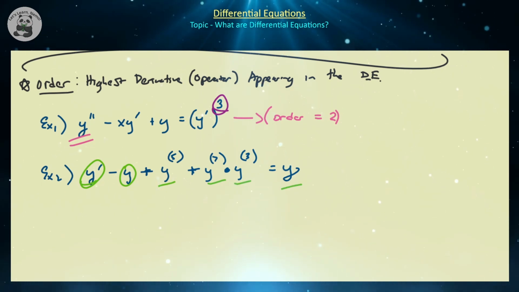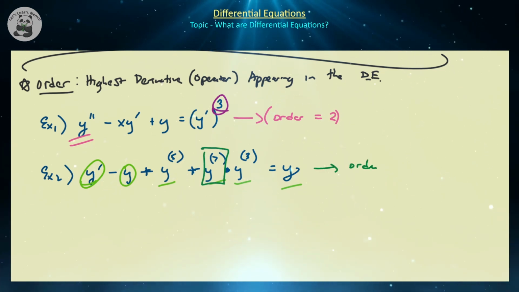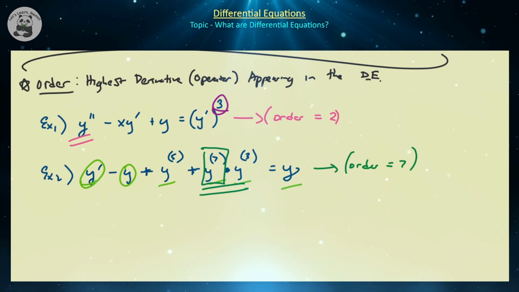Therefore, the highest appearing here would be this operator, so in this case, the order would be equal to 7. Keep in mind, just because we're multiplying them, the 7th derivative times the 3rd derivative is not the 10th derivative, right? Because that's the product of derivatives, not a derivative of products or anything of the sort.